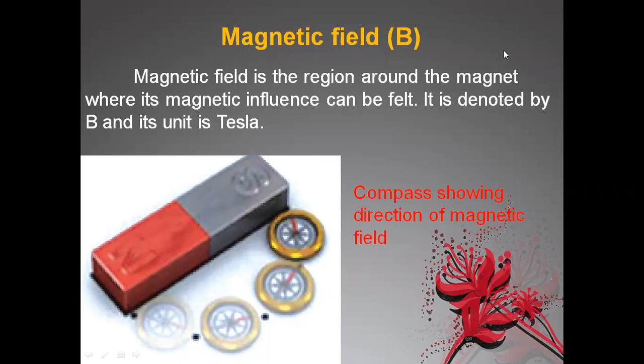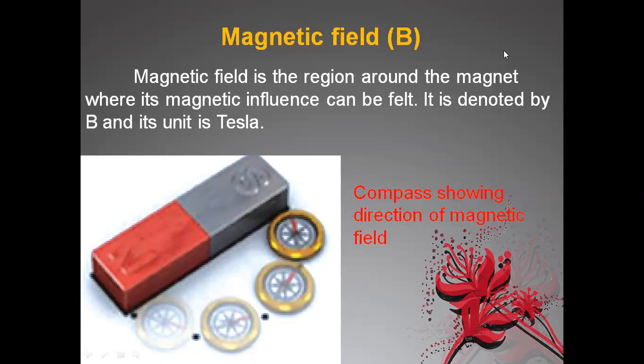So the magnet has some force around it, that is the magnetic force. The region where this force is felt is the magnetic field: the region around the magnet where its magnetic influence can be felt. The magnetic field is denoted by B and the unit is Tesla.